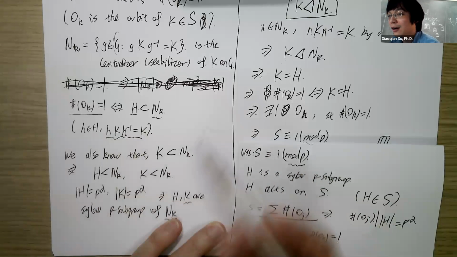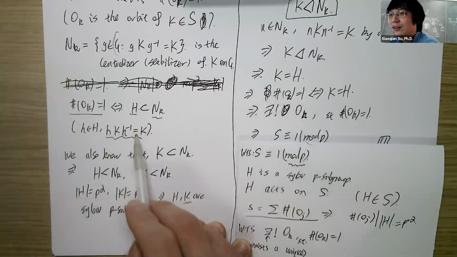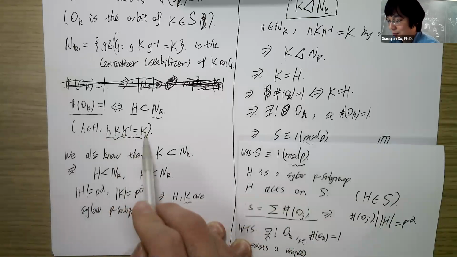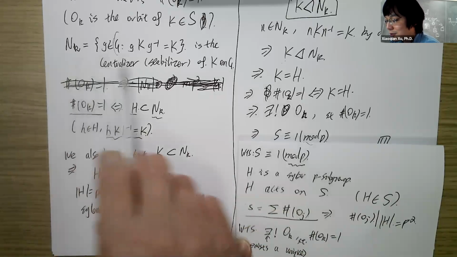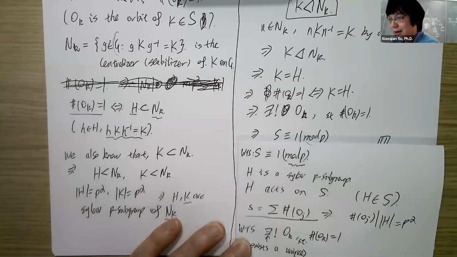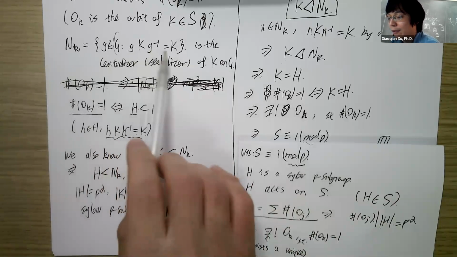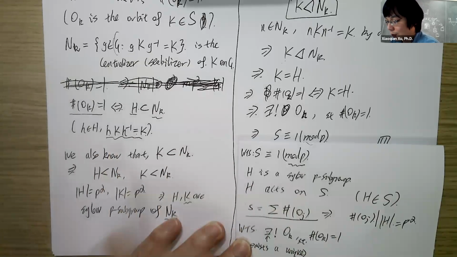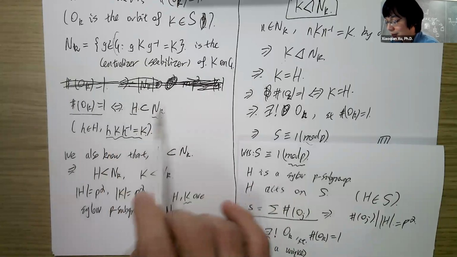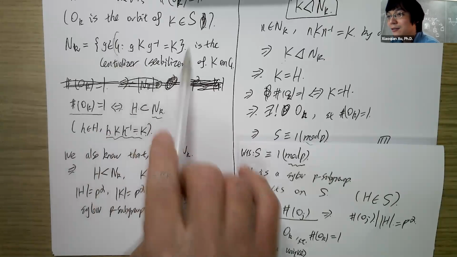Otherwise, it's in the orbit, right? So which means HKH inverse equals K, right? And this centralizer or this stabilizer is actually the collection of all the elements such that GKG inverse is K. So of course, this is a subset of it, because all the elements satisfy this condition.